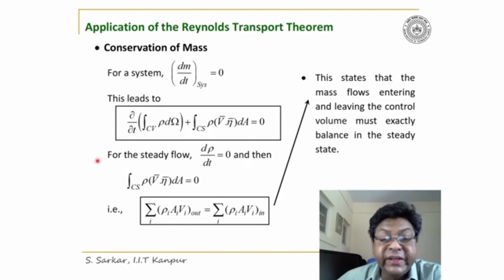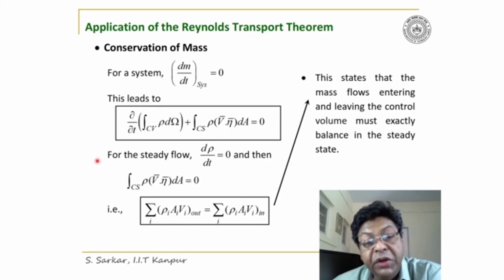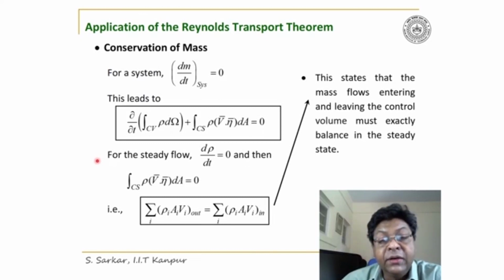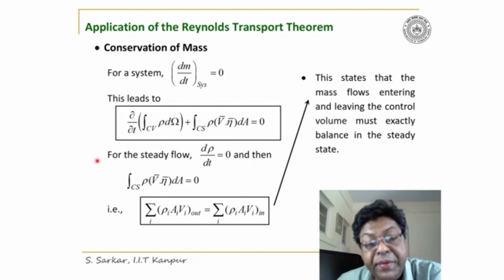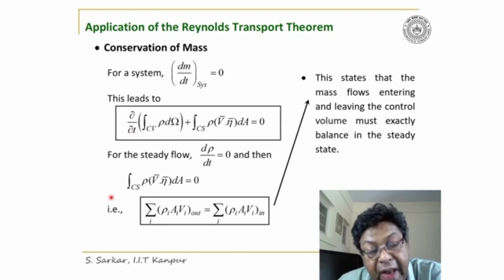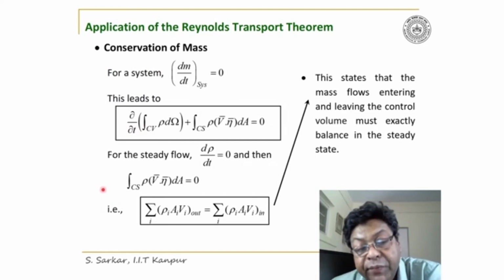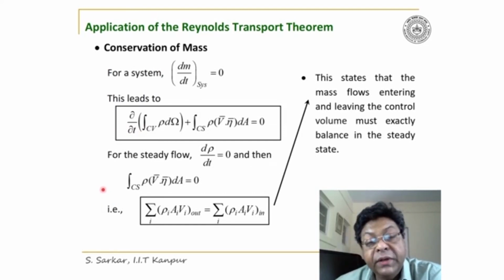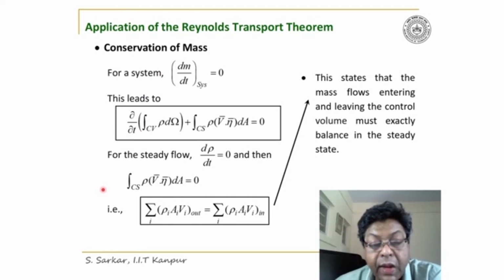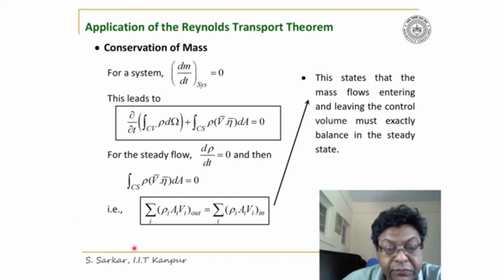For the steady system, d rho/dt is equal to 0, so this part goes to 0. Then I'll have surface integral of rho v dot eta dA is equal to 0.